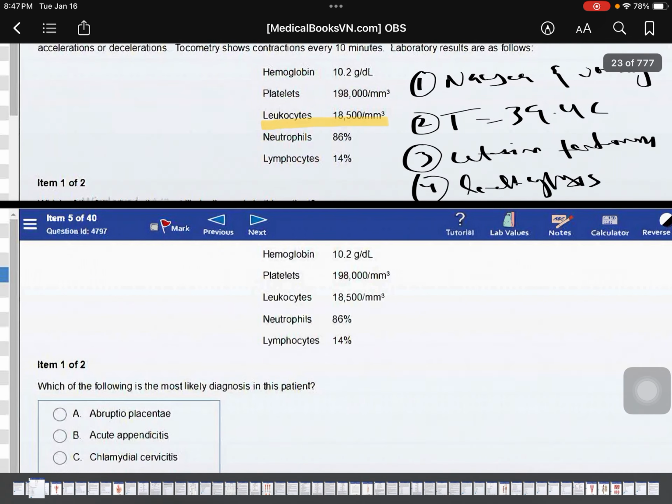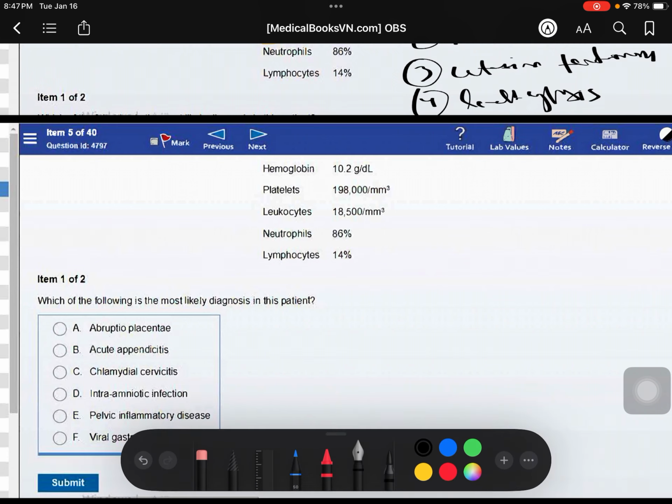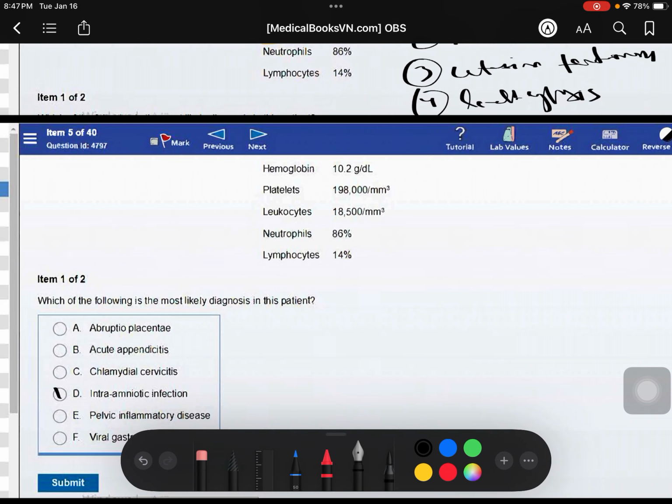So based on these 4 hints, what is the diagnosis of this question? This is probably chorioamnionitis, also known as intra-amniotic infection. So choice D is the correct one. Patients with intra-amniotic infection, also known as chorioamnionitis, typically have nausea, vomiting, and uterine fundal tenderness.